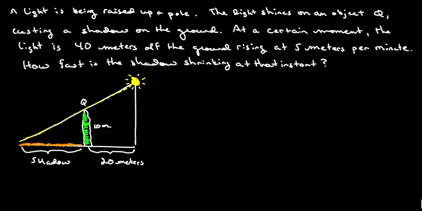Okay. At a certain moment, the light is 40 meters off the ground. So let's go ahead and give it. So it's 40 meters high. And it's rising at 5 meters per minute. So let's call this some variable. Okay, we'll call it height.